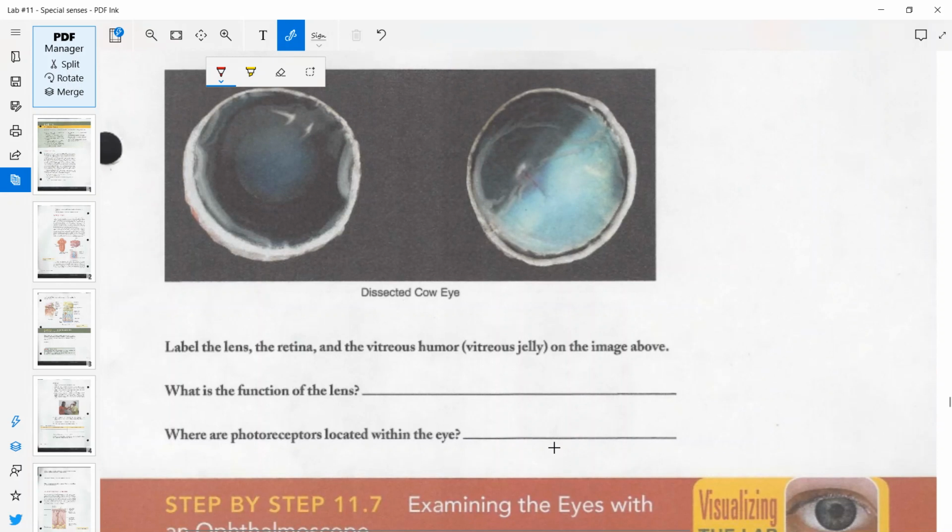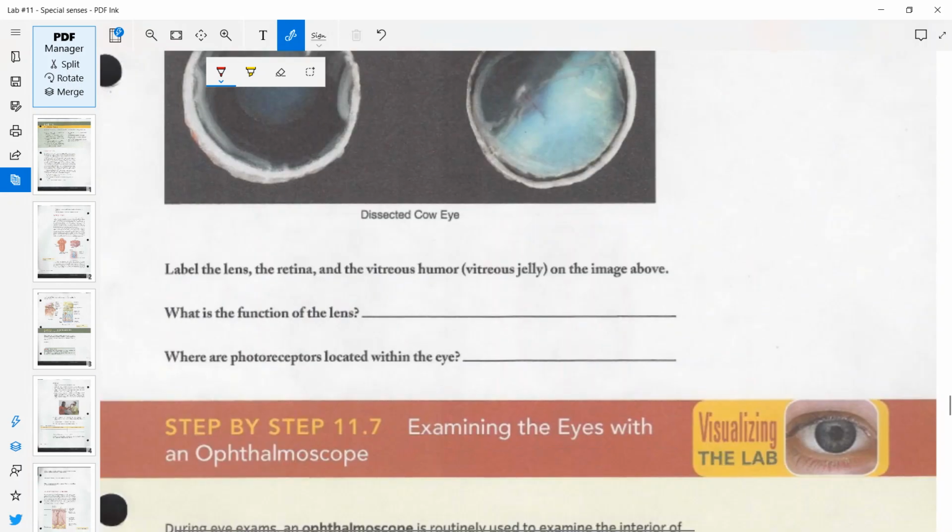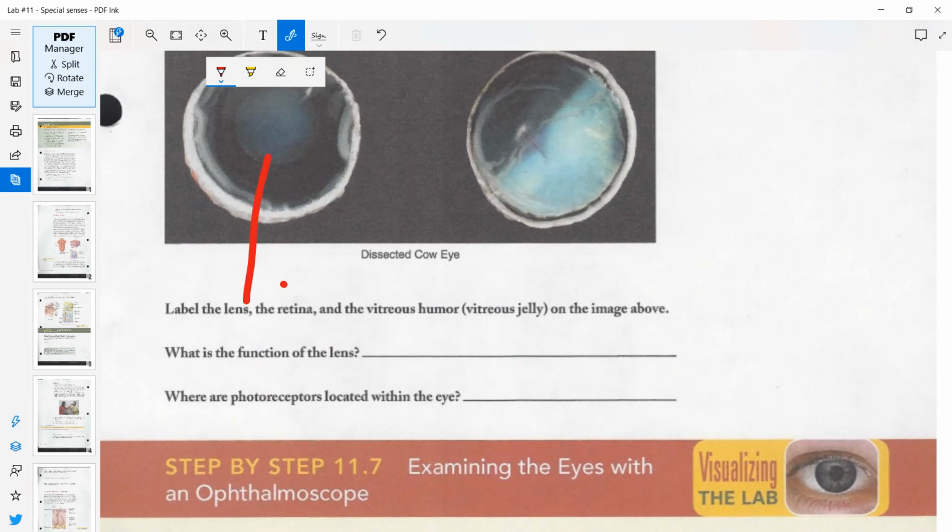So the lens in the cow's eye, those are the lens. The retina will be this pearl-like looking layer, and the vitreous jelly is everything that fills up the cow's eye right about here.